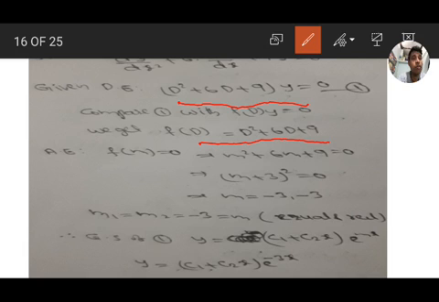So the auxiliary equation f(m) = 0, that is m² + 6m + 9 = 0. It is of the form a² + 2ab + b², so (m + 3)² = 0. So m = -3, -3. The two roots are real and equal. So m1 = m2 = -3, that is m.